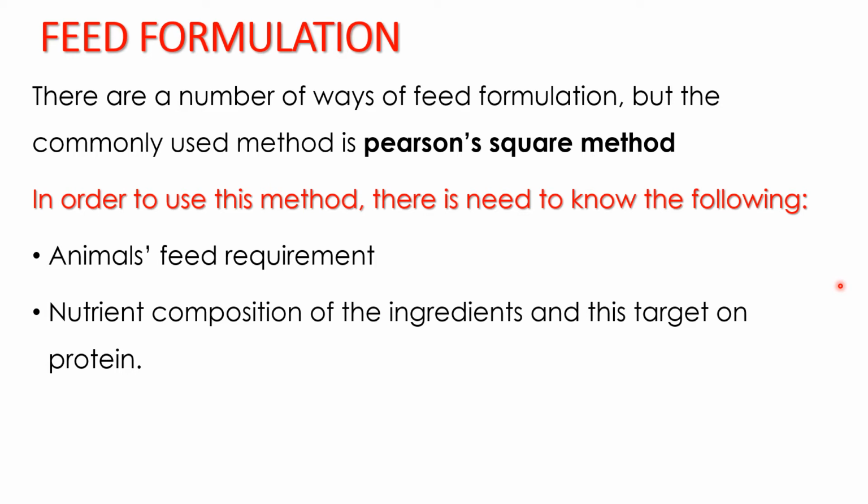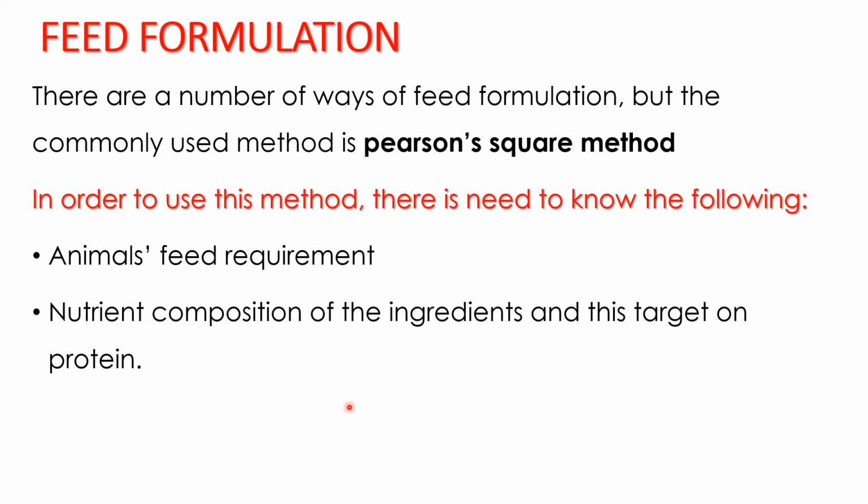Is it per month? Apart from that, you also need to know the nutrient composition of the ingredients. You should have a target on the protein required by a certain animal. Then we should also have knowledge of the nutrient composition of the ingredients which we are going to mix.